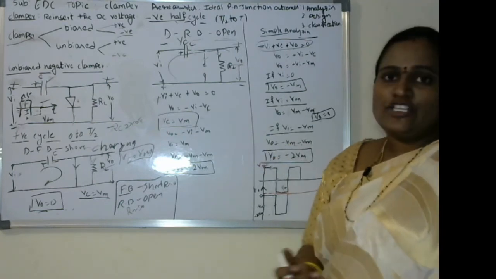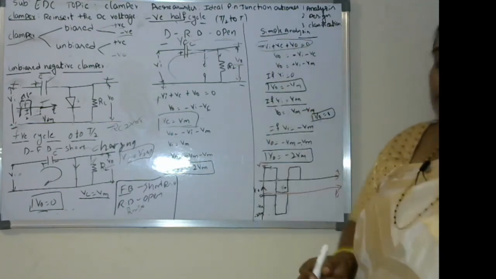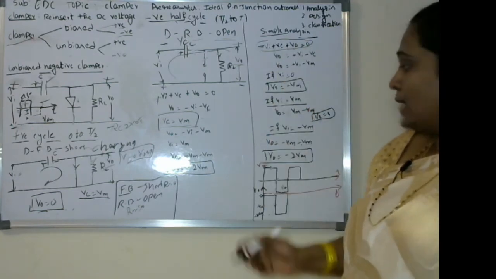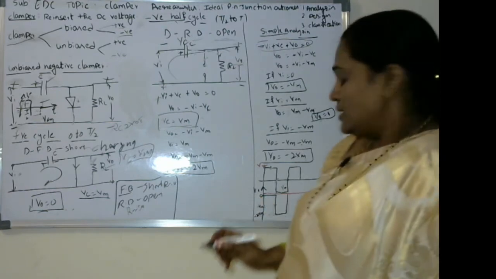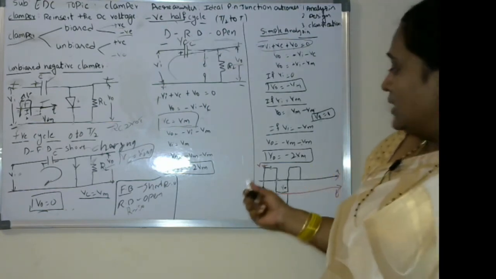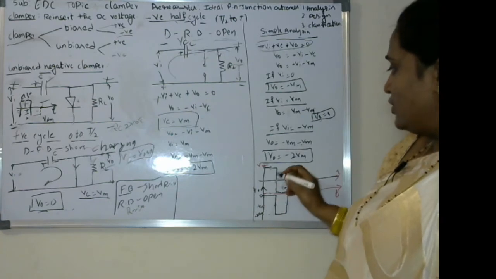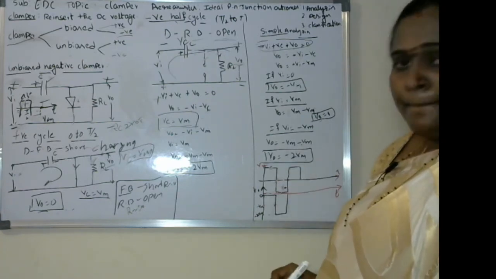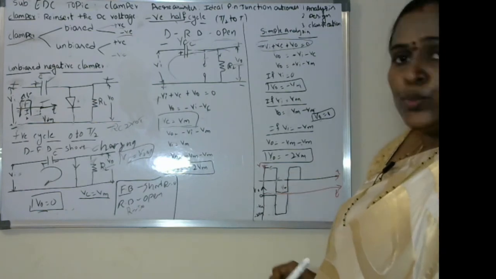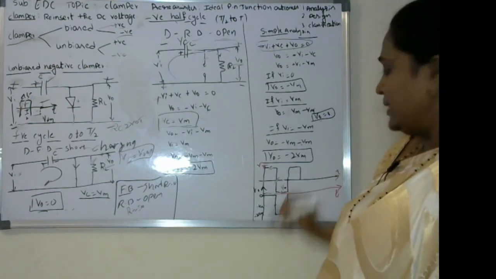In order to sketch the waveform, we are going to use this for sketching of waveforms. If you observe, this is the input voltage we have. This input voltage Vi has Vm here, 0 here, and minus Vm here.